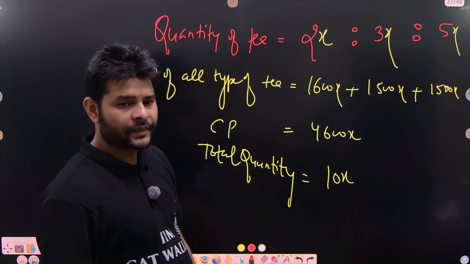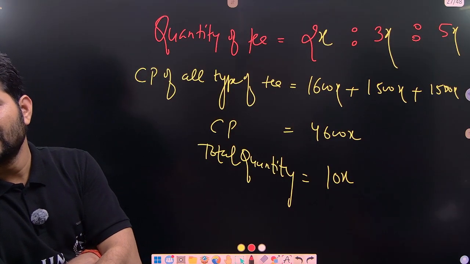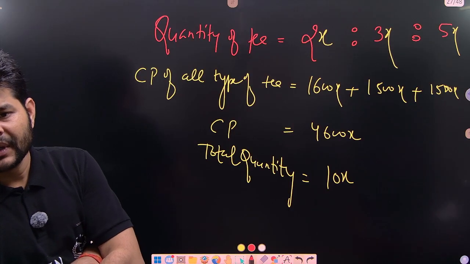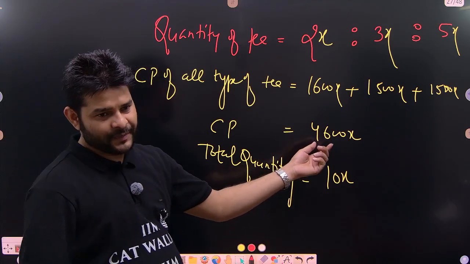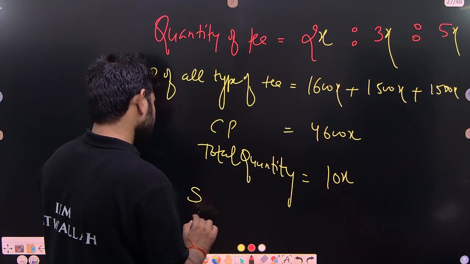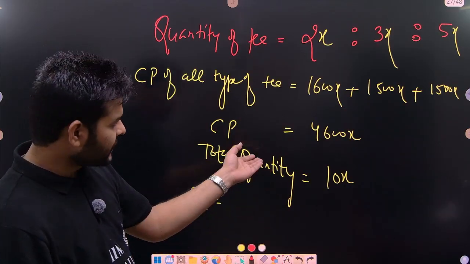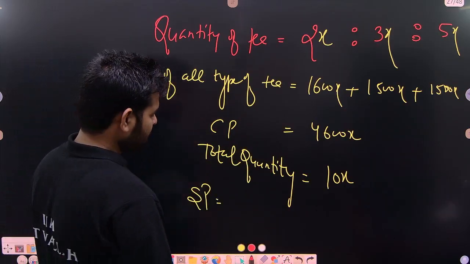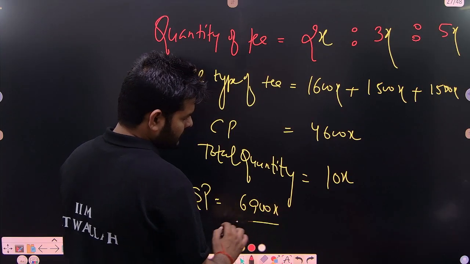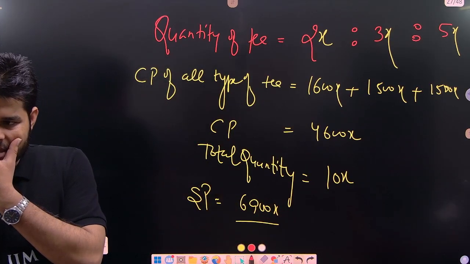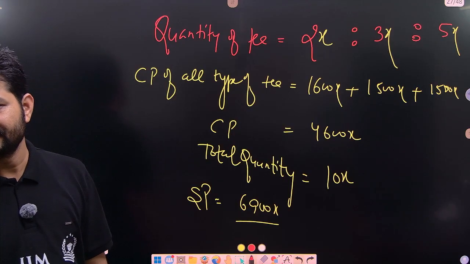Now the question is, he wants to make a profit of 50%. So this is CP. So what would be SP, guys? 50% of this 2300, so 2300 profit he wants to make. That means he wants to sell the whole mixture for rupees 6900x.